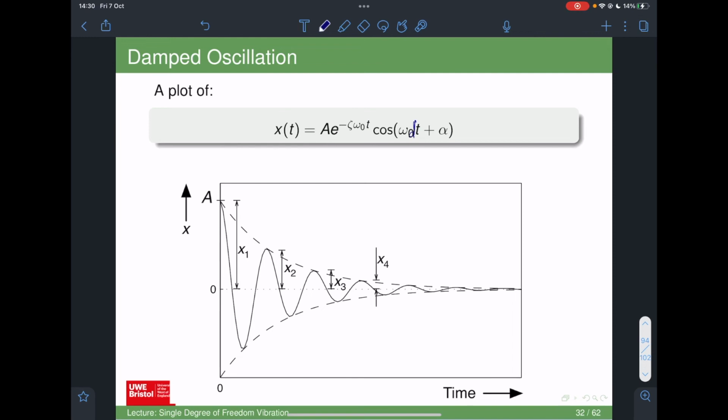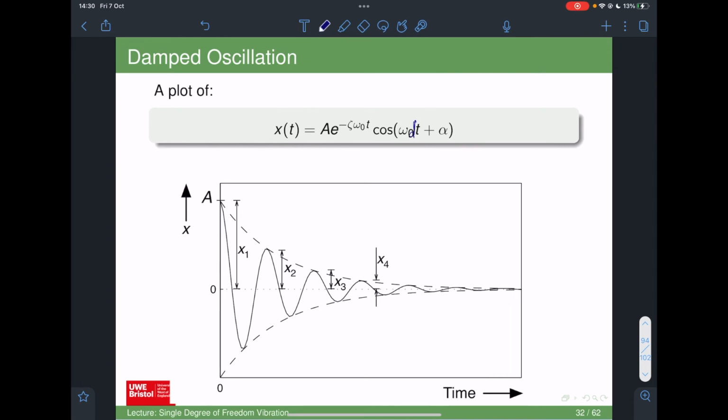You can see that as time goes on, the oscillation slowly dies away, and eventually, like I said, it's going to be so close to 0 that we can't measure it being anything other than 0. The dashed lines represent this decaying bit. If you plot this, you get this line. If you plot the negative of that, you get this line. And you can see the oscillation.